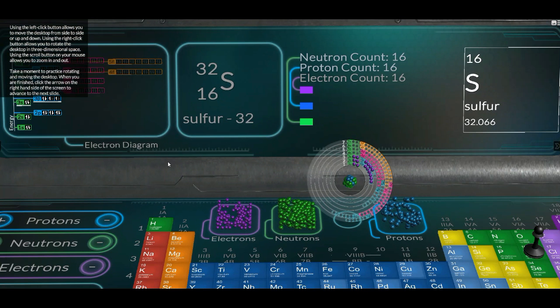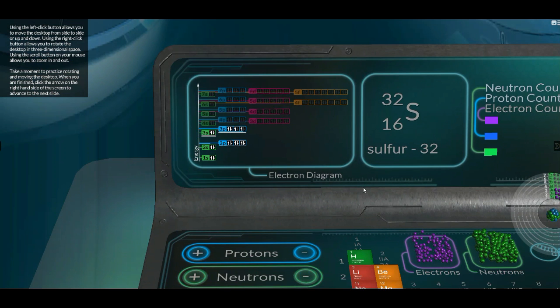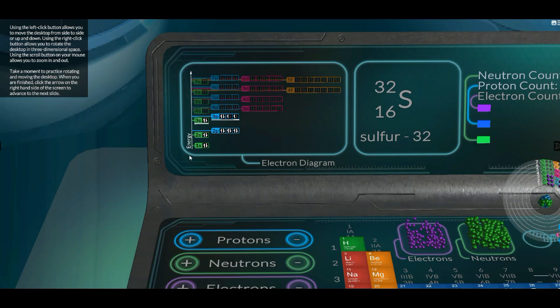You'll note that we mark the valence electrons by underlining in white the valence shell orbitals that are available, the 3s and 3p. Also, right now we're showing sulfur with an atomic mass of 32, but you could add more neutrons and have an atomic mass of 36.